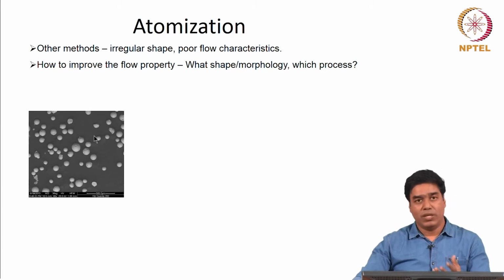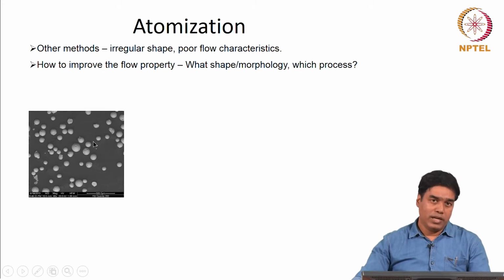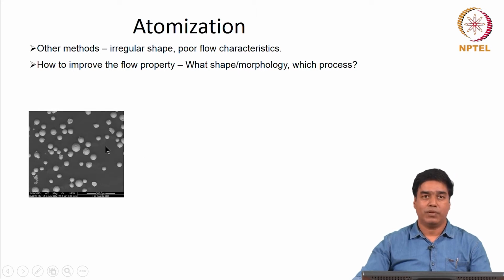When you fill this powder in the mold for compacting it, it will freely flow, and it will be easier for someone to compact the powder. So, the question would be what process you can now have to obtain this kind of spherical particles which provide good flow characteristics.